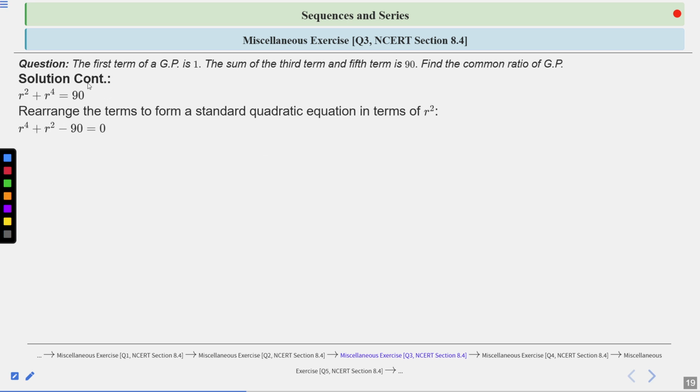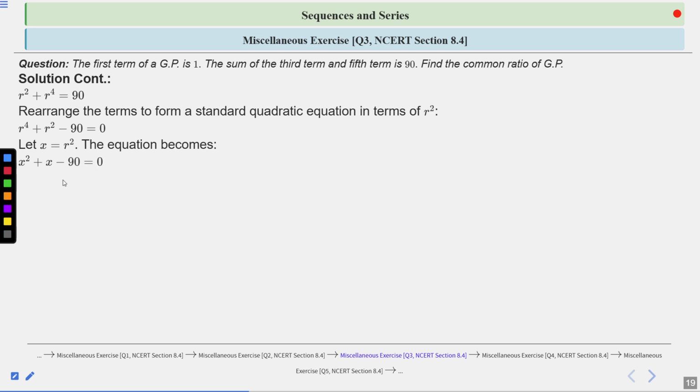So the above equation can be written as r power 4 plus r square minus 90 equals 0. Now we need to convert the given equation into a quadratic equation in terms of r square. Let x equal r square. The equation becomes x square plus x minus 90 equals 0.